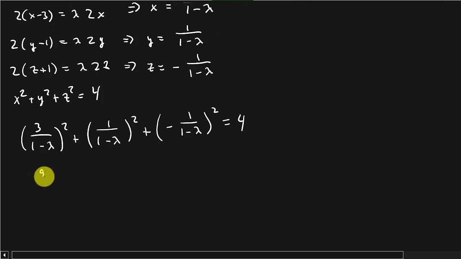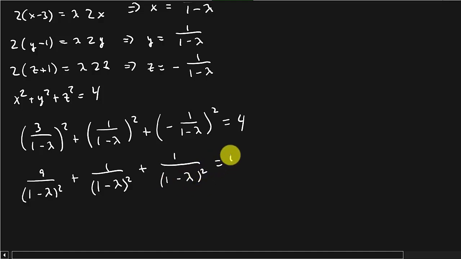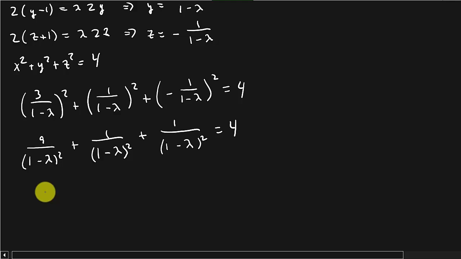This gives me 9 over (1 minus lambda) squared plus 1 over (1 minus lambda) squared plus 1 over (1 minus lambda) squared equals 4. And so this gives me 11 over (1 minus lambda) squared equals 4, which tells me that (1 minus lambda) squared is equal to 11 over 4. See, this just goes up there and the 4 comes down into the denominator.